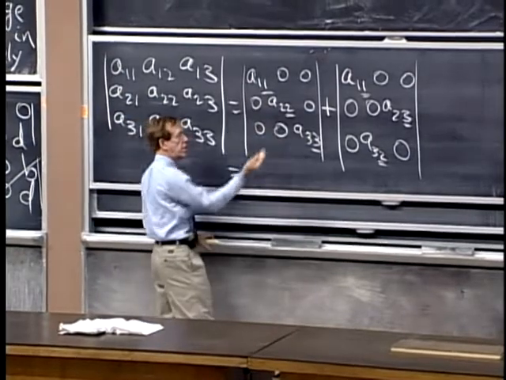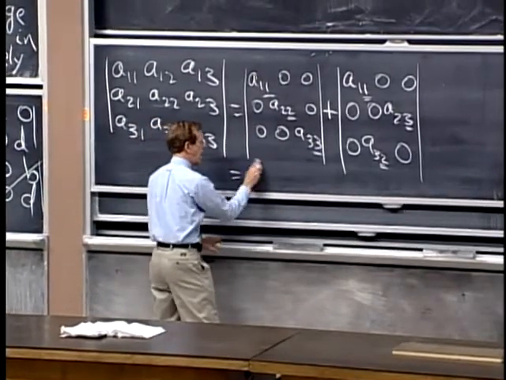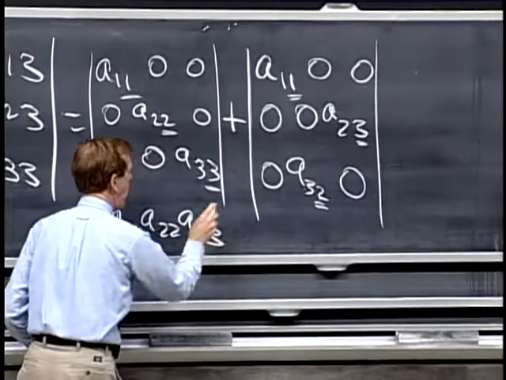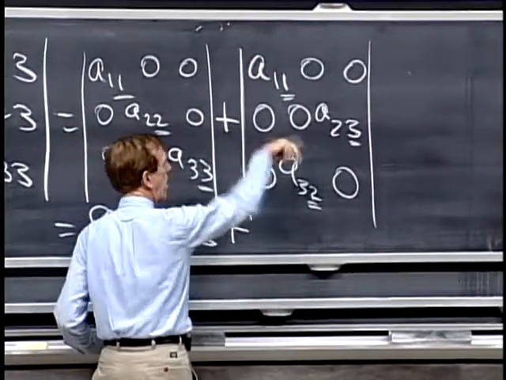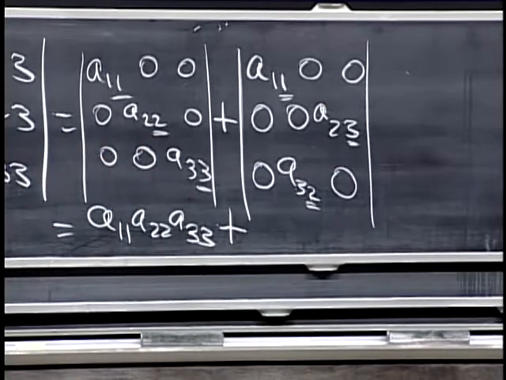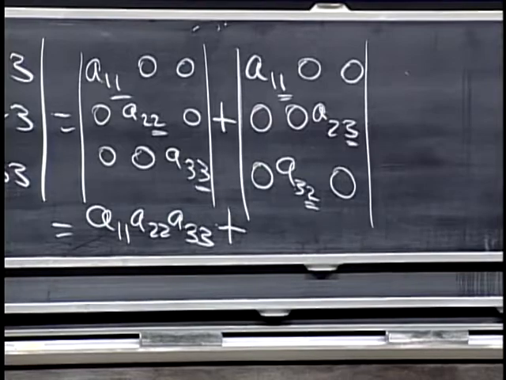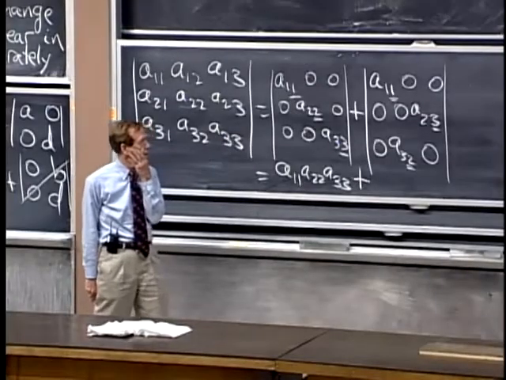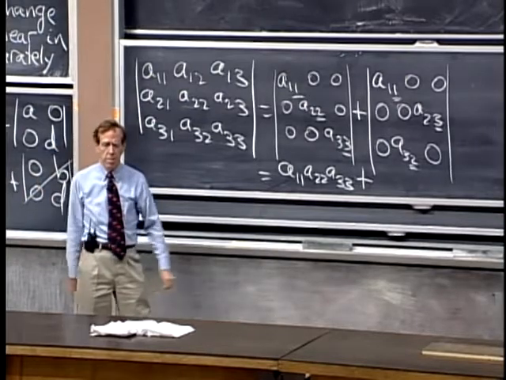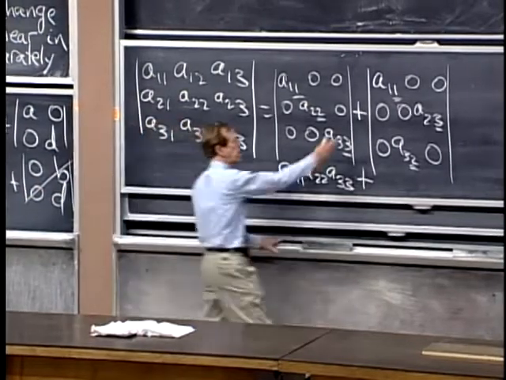So what is that determinant equal? Well, I factor those numbers out, and I've got A11 times A22 times A33. And what does this determinant equal? Yeah, now tell me. We're really getting to the heart of these formulas now. What is that determinant? By our three properties, I can factor these out.